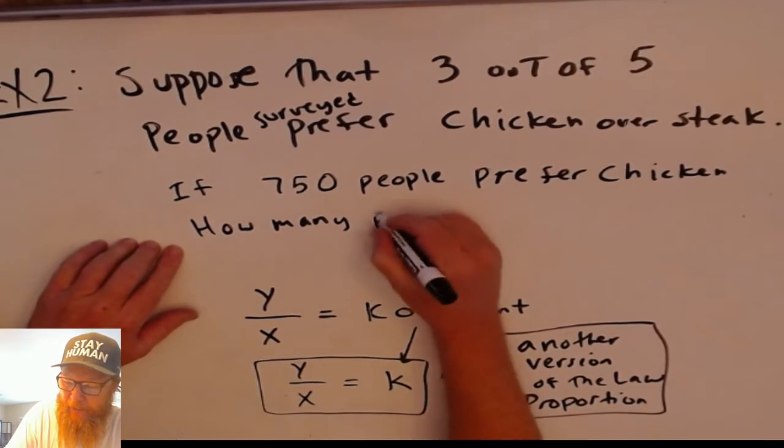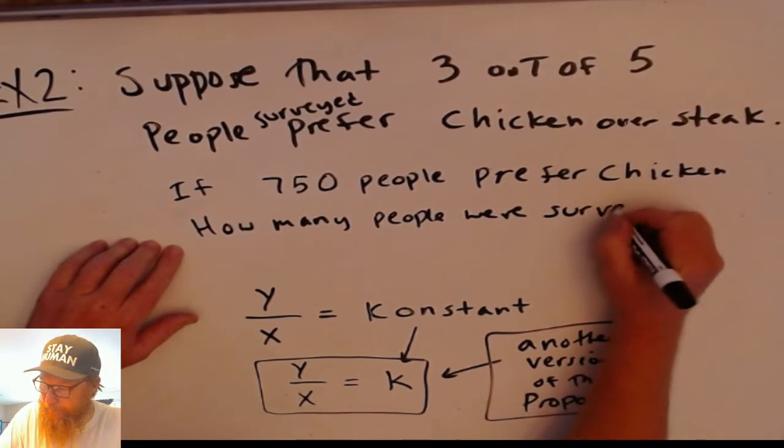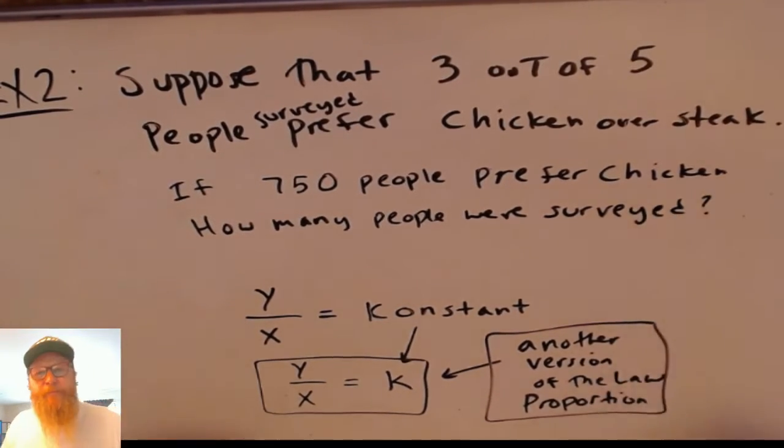How many people were surveyed? So, what do we have? We have 3 out of 5 people prefer chicken over steak.